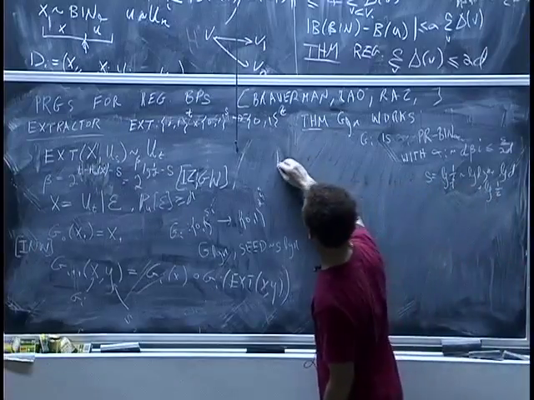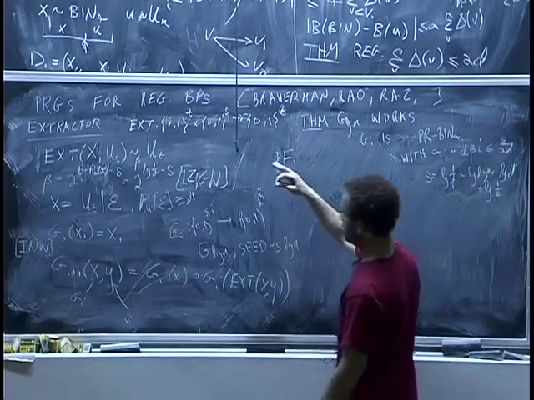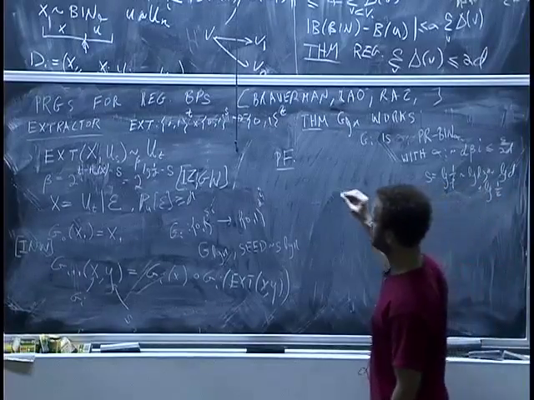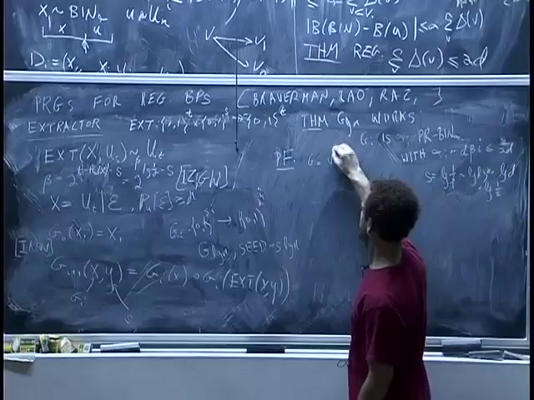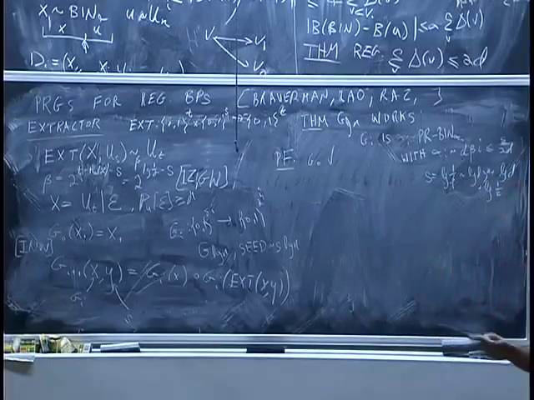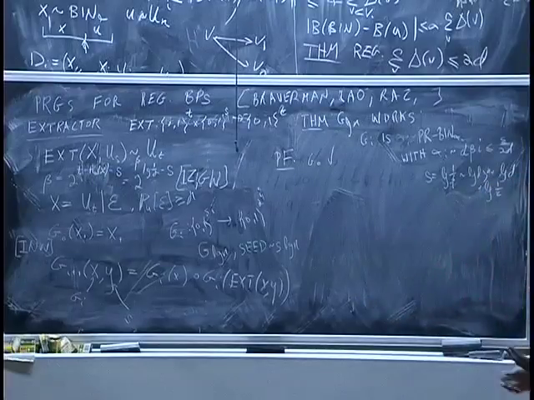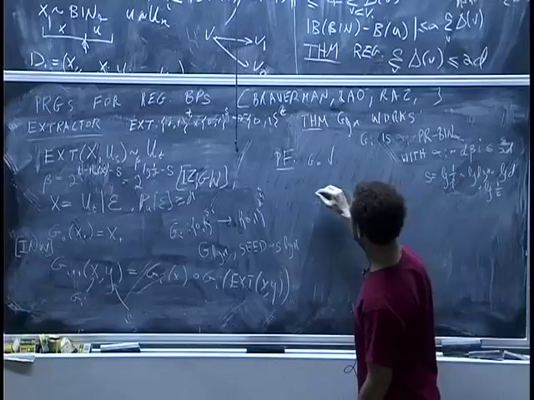We prove it by induction, as all of the previous proofs went. For G0, it just holds. This is uniform, so there is nothing to prove. Now let's do induction.